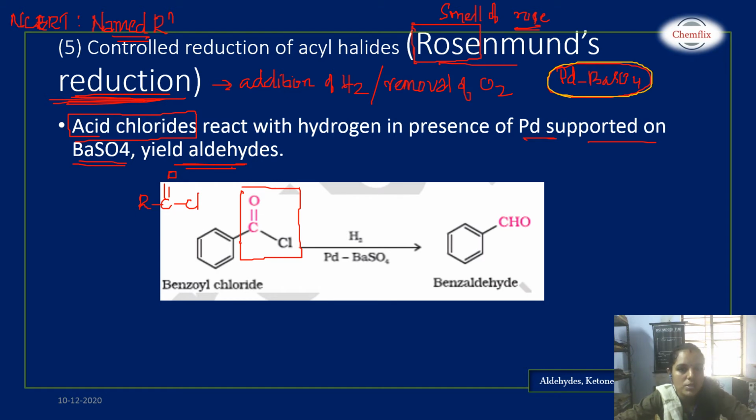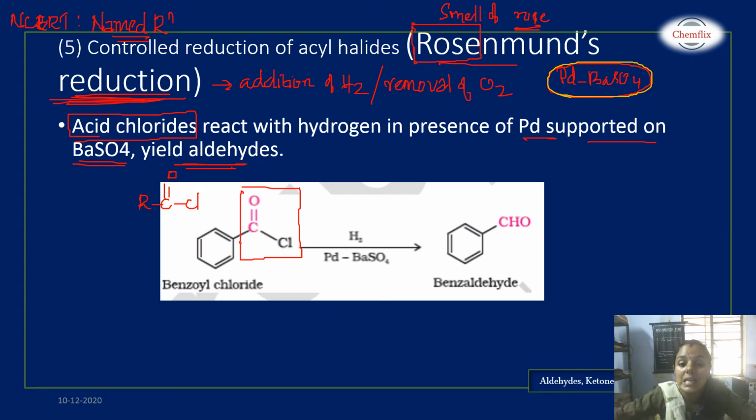The smell of rose is very sweet and fragrant, while palladium supported on barium sulfate has a bad smell. So in Rosenmund reduction the reagent is hydrogen with palladium supported on barium sulfate.